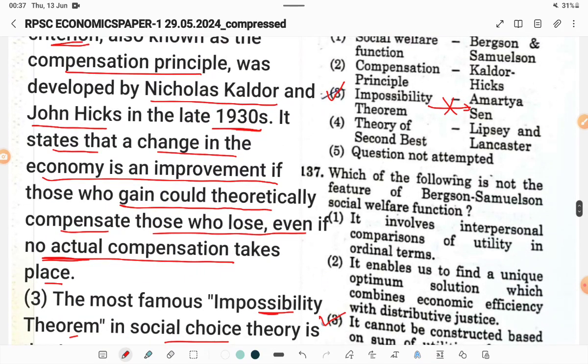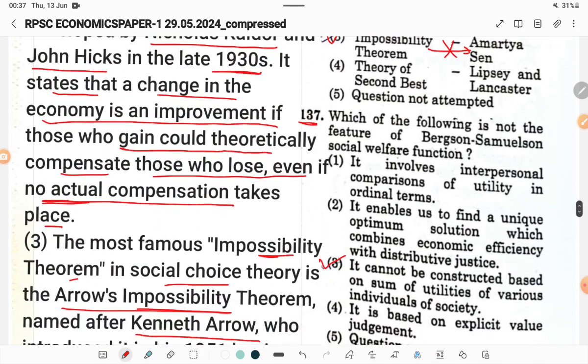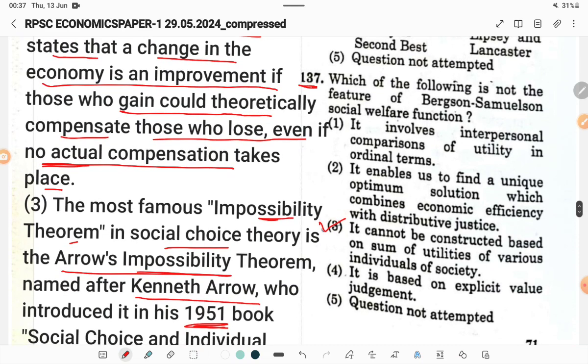Now the next question, 137: which of the following is not a feature of the Bergson-Samuelson social welfare function? First, it involves interpersonal comparisons of utility in ordinal terms. Second, it enables us to find a unique optimum solution which combines economic efficiency with distributive justice.